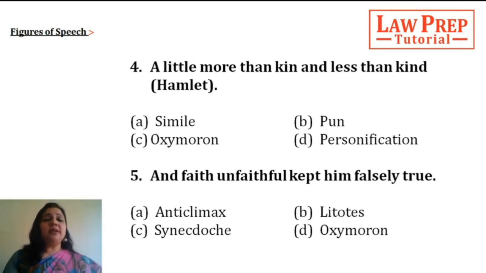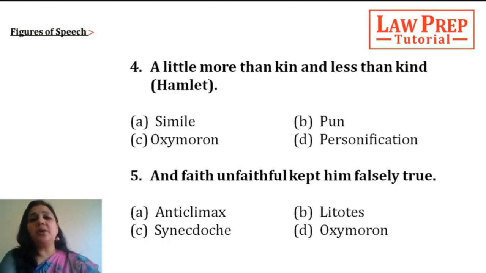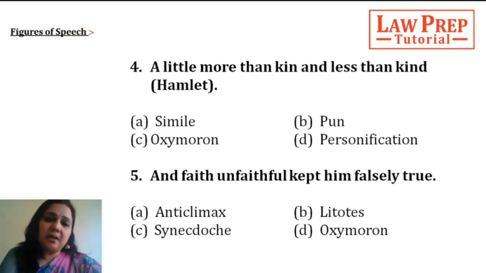"A little more than kin and less than kind." I did mention the bracket while framing this question. This is from the famous tragedy of Shakespeare, Hamlet. Hamlet's father is killed by his uncle Claudius, and his mother Gertrude remarries Claudius.